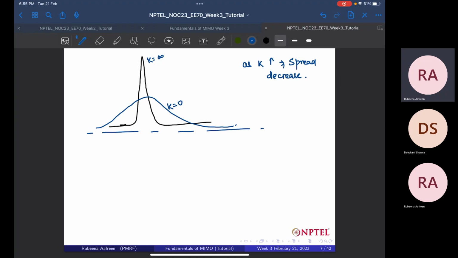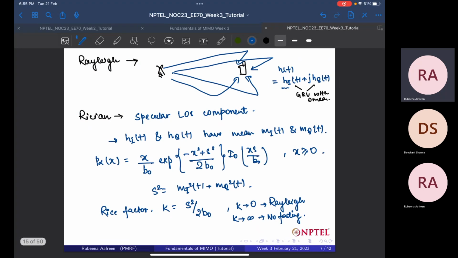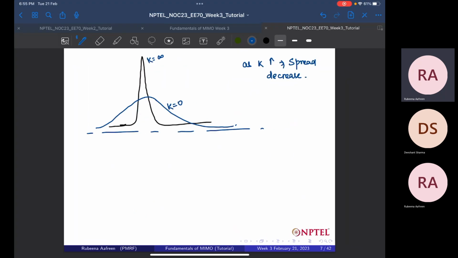So for Rician, in case of exams also, you don't need to remember this probability distribution. Just remember this figure, and remember that when k is infinity, it is no fading case, and when k is 0, it is Rayleigh fading. Now suppose I'm taking two more curves.